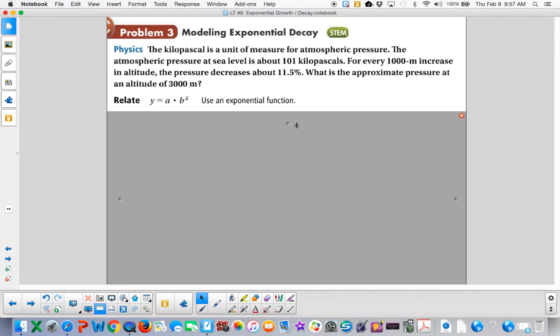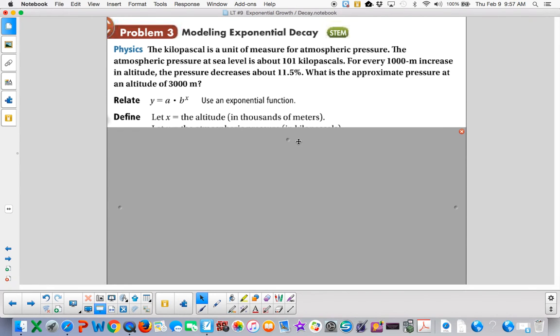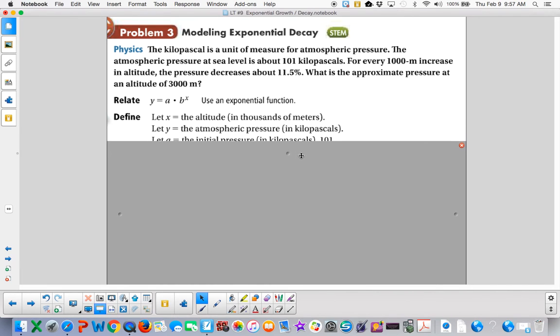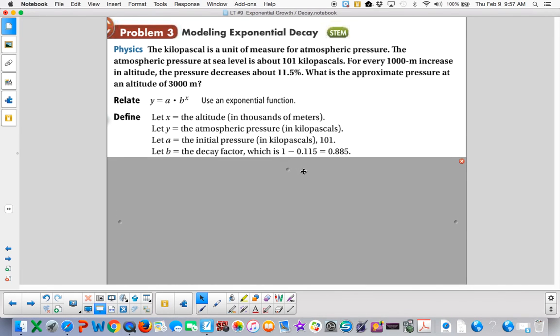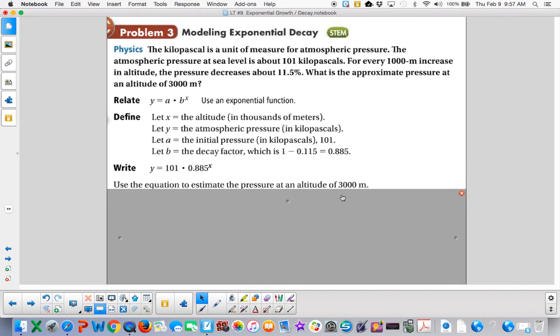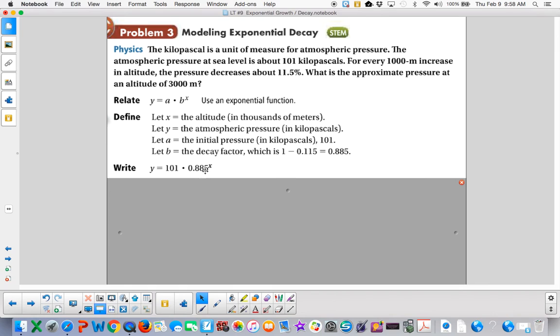So we start with our exponential function. X is going to be the altitude, Y is the atmospheric pressure, A is the initial pressure, and B is our decay factor. So we're looking at 1 minus 0.115 because that is 11.5% as a decimal. So we get about 0.885 as our base factor here.